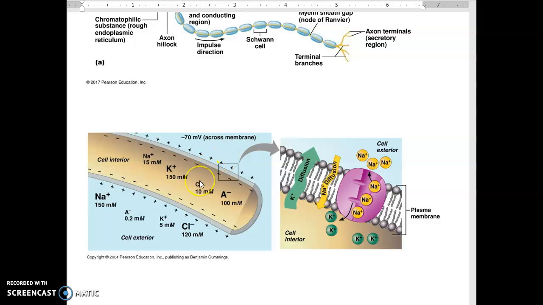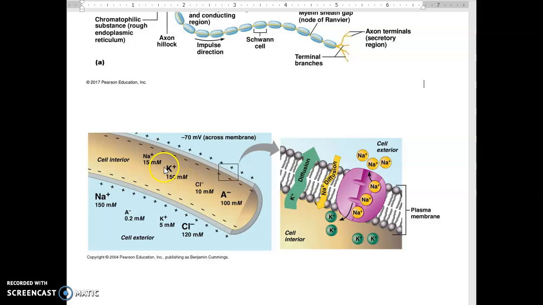We'll be going through this in detail when we do the nervous system, but for now, you should know that the outside of the axon is more positive, the inside is more negative. We say that this resting axon, so it's not doing anything, it's just resting, has a charge of minus 70 millivolts, which means that it's polarized. So a resting axon like this is polarized.